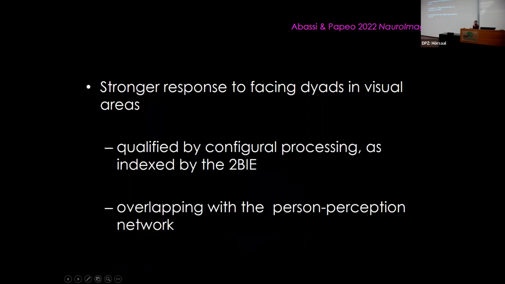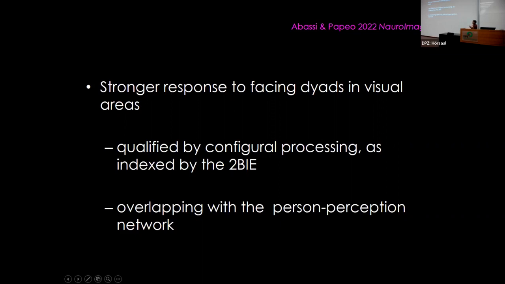So to wrap up this bunch of observations, we observed that there was a stronger response to facing as opposed to non-facing dyads, visually matched stimuli, in visual areas, suggesting that the very same bodies are represented in a dramatically different way depending on their spatial relation.